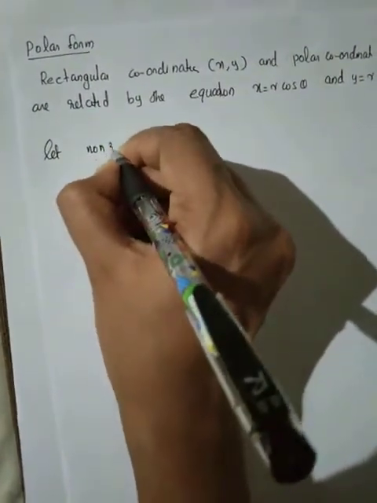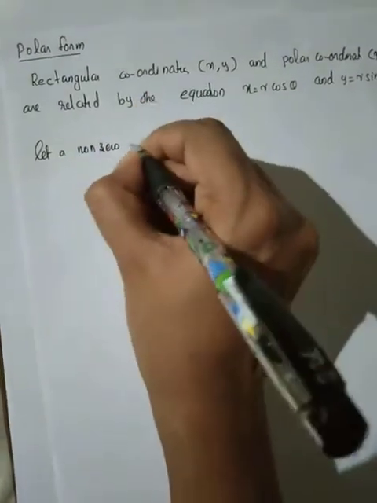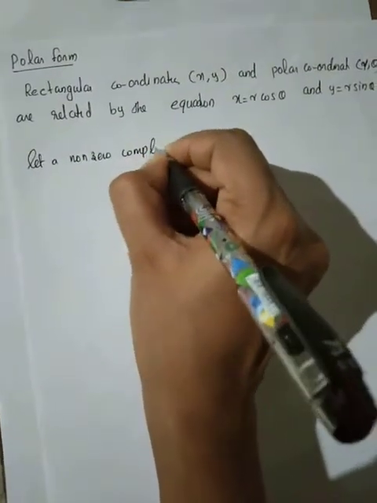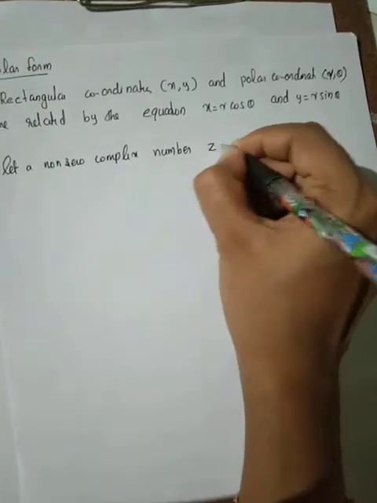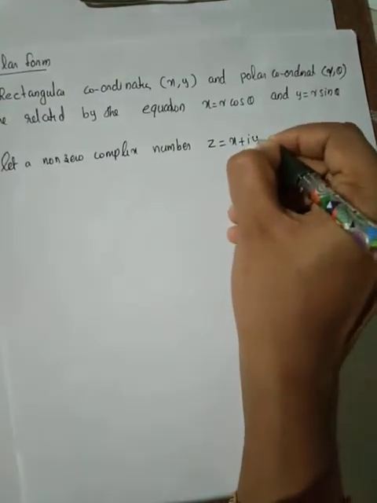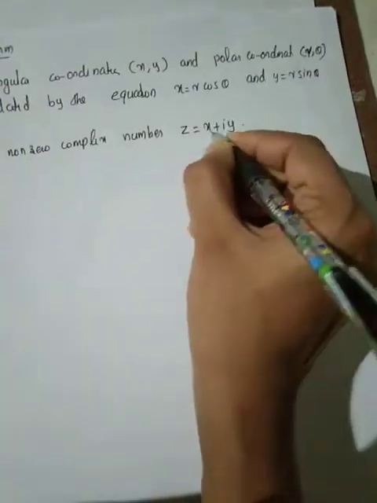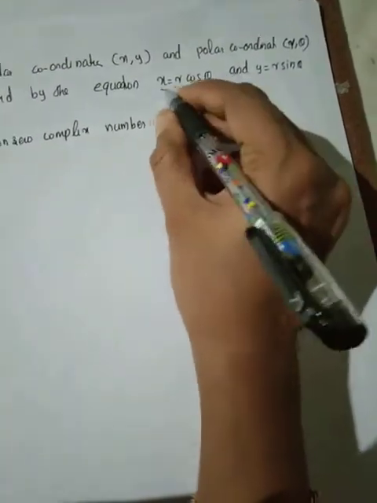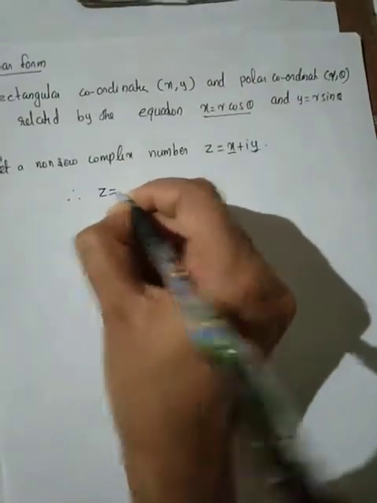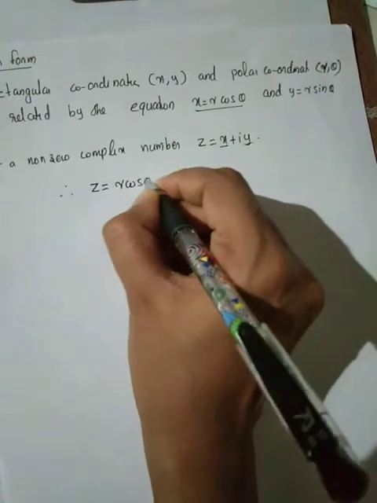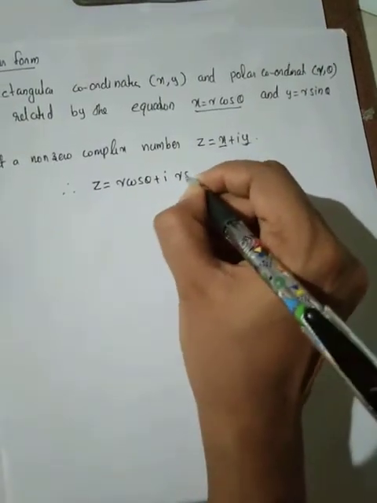Let a non-zero complex number z equal to x plus iy be written in the polar form. We know that x is r cos theta and y is r sin theta. Therefore, z equal to r cos theta plus i times r sin theta.